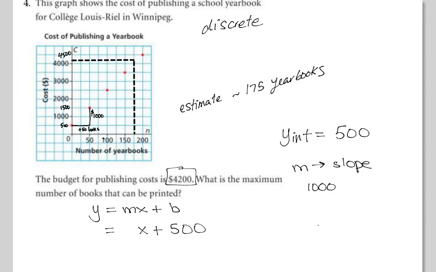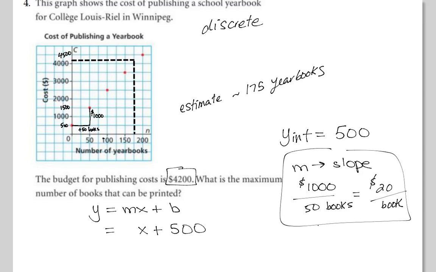You can get the rate of change. 1,000 divided by 50 is $20 per book. So now I can replace m with 20.